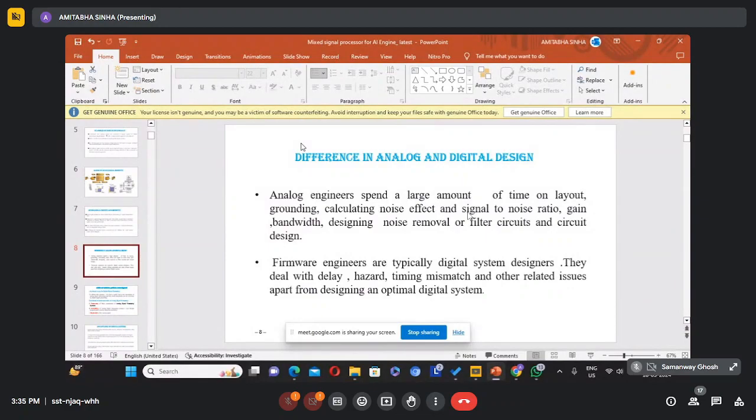I'm giving a very simple example. For designing a processor, say the program counter at T1 cycle, the contents of the program counter will go to the memory address register. So logically, you make program counter output enable and memory address register input enable.